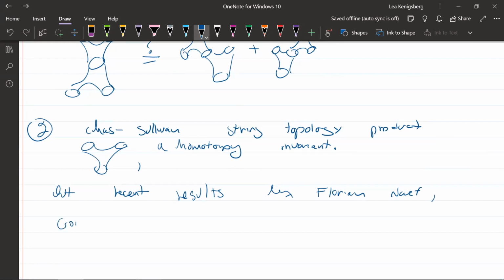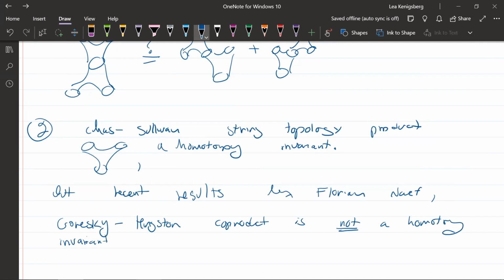The Goresky-Hingston coproduct is not a homotopy invariant, and in fact it knows about simple homotopy types.